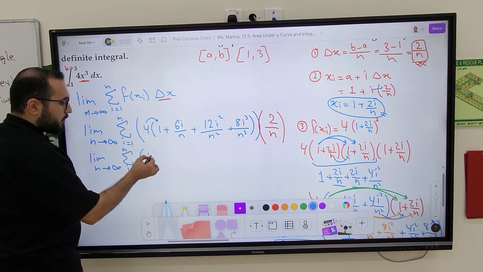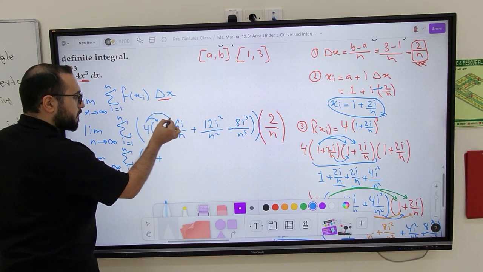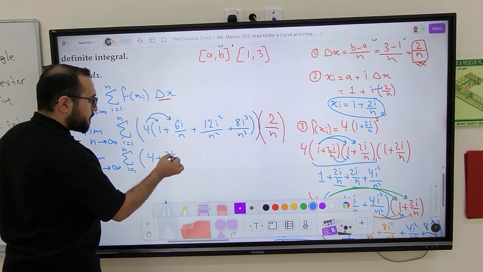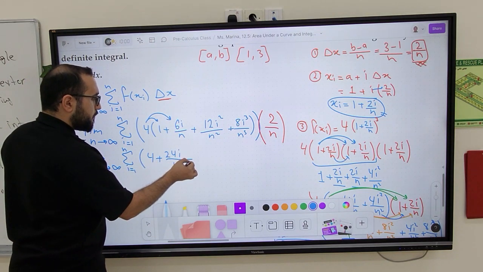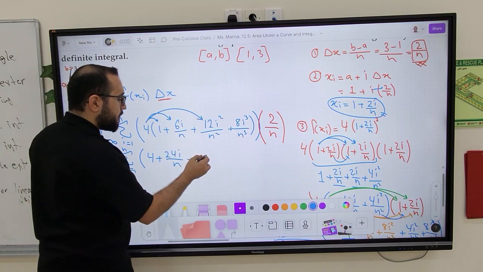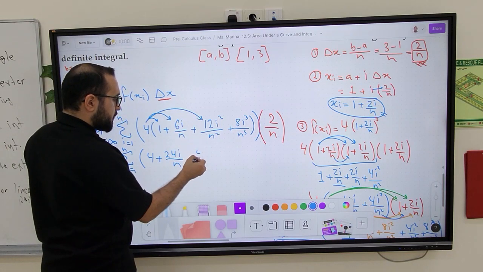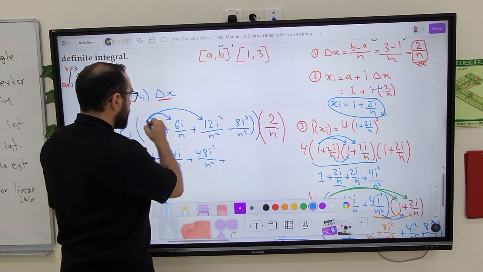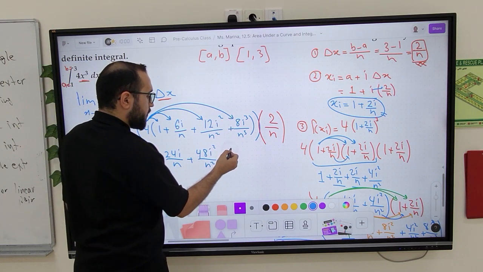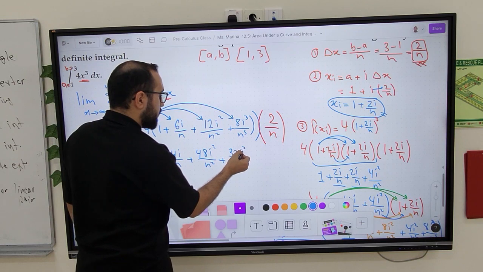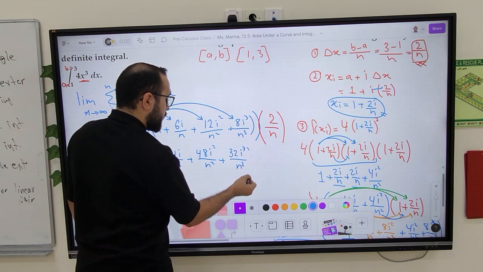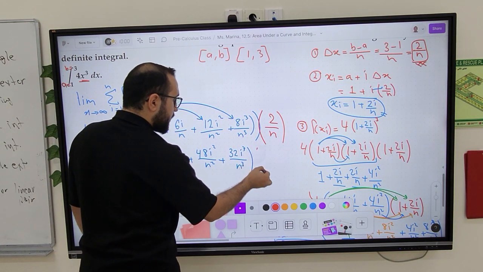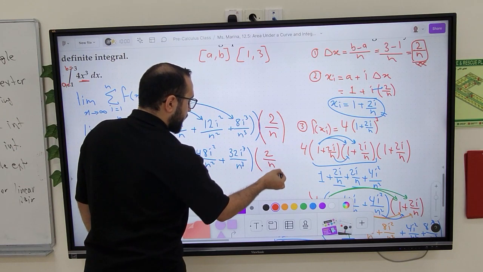It will be 4 plus 4 times 6, 24i over n, plus 4 times 12, which is 48i squared over n squared, plus 4 times 8, 32i cubed over n cubed. All of that is multiplied by 2 over n.